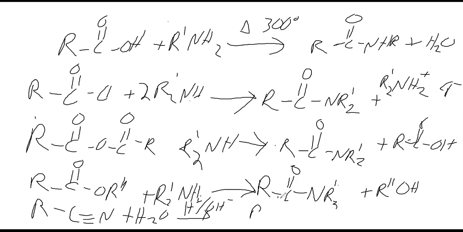We can go from nitrile to amides. Can't make a substituted amide that way. So all those are just a quick reiteration of all the reactions we have seen to form amides.